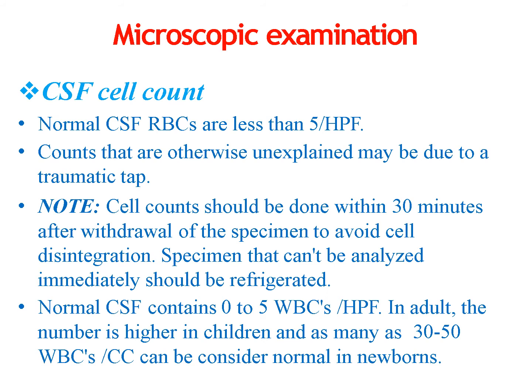Specimens that can't be analyzed immediately should be refrigerated. Normal CSF contains 0 to 5 WBCs per high power field in adults. The number is higher in children, and as many as 30 to 50 WBCs per cubic centimeter could be considered normal in newborns.